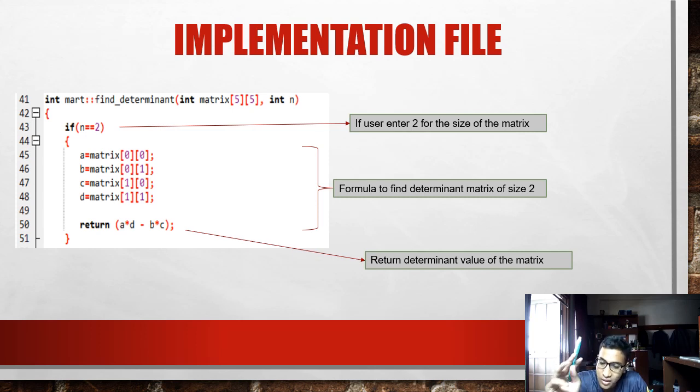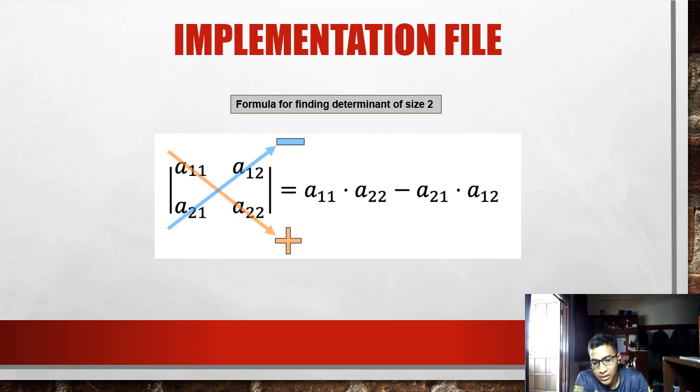If the user enters n equal to 2, then this is the formula AD minus BC, like a cross. I have an example later. Then return AD minus BC. The value returned will go to the integer variable in find determinant.